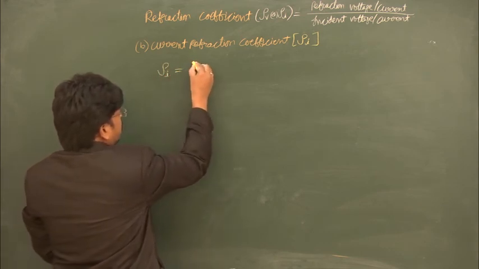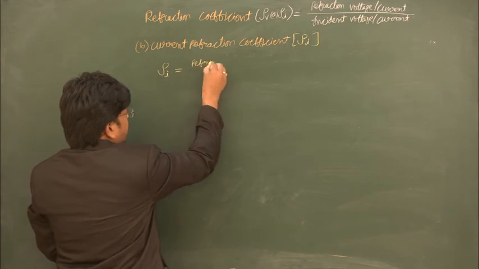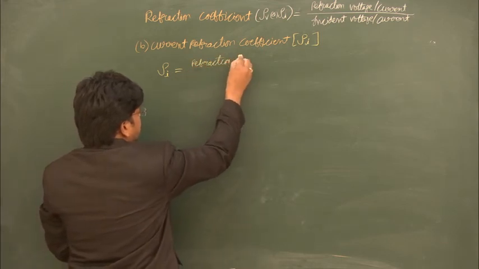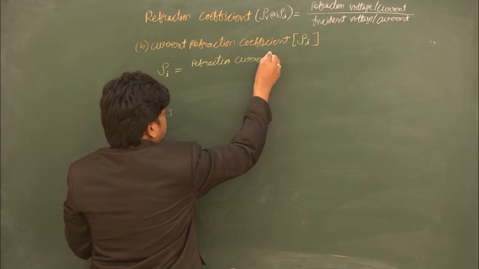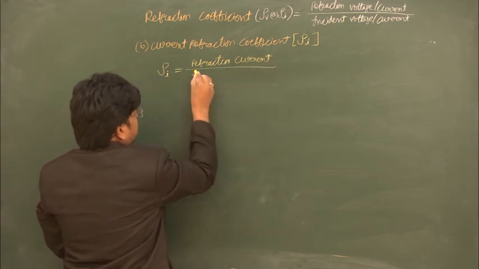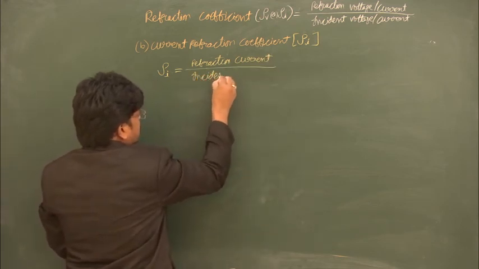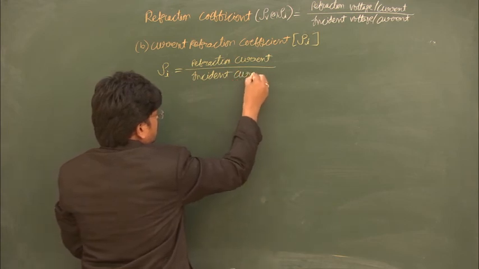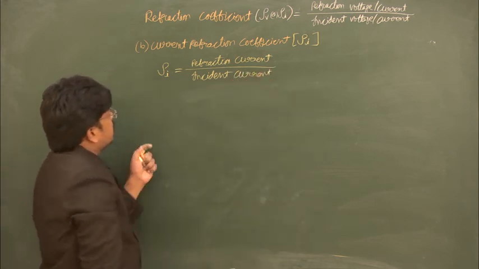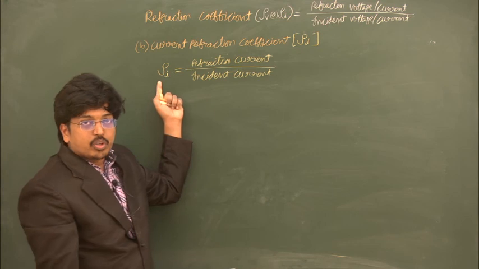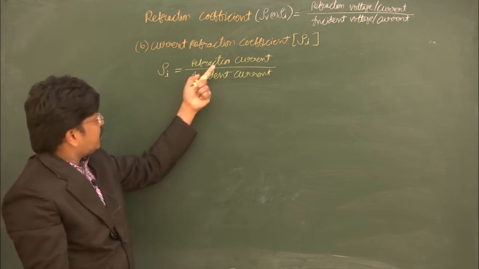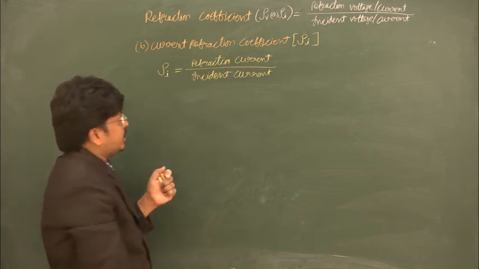The current refraction quotient is defined as the ratio of refraction current to the incident current.